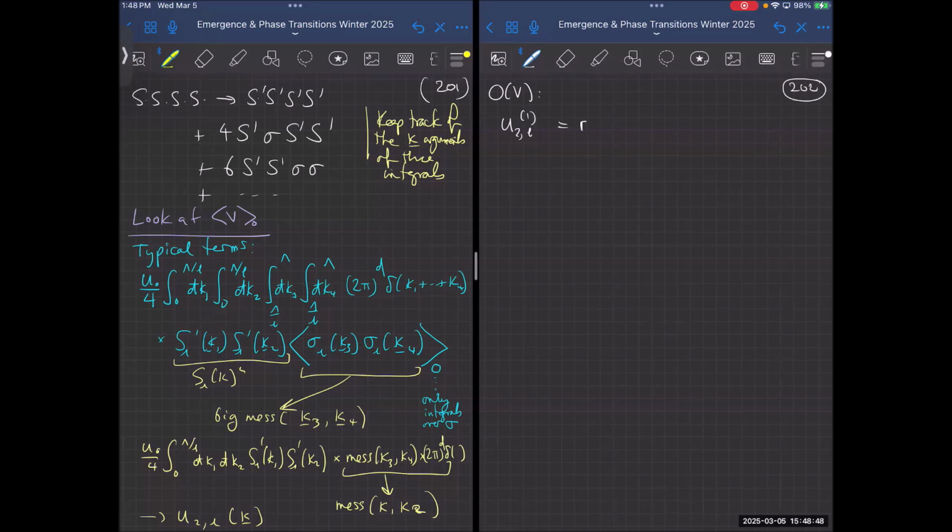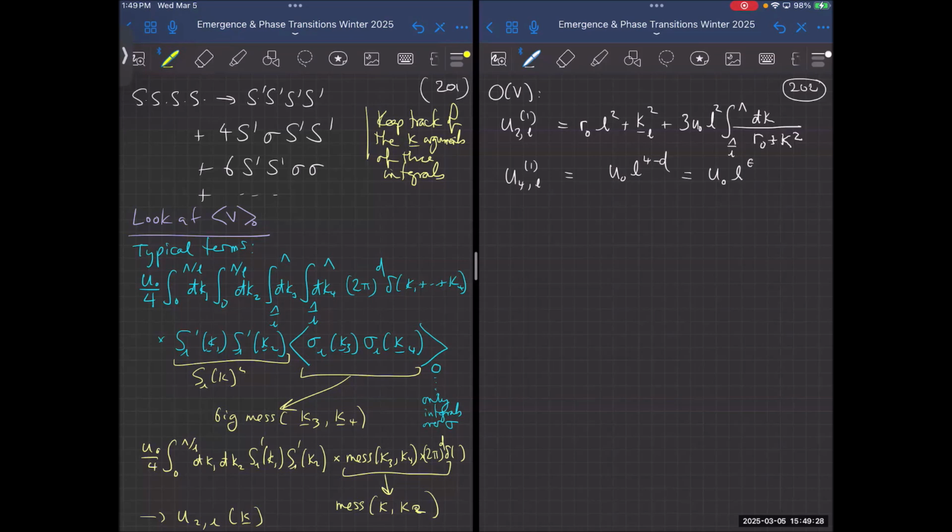It looks like this: R0 L squared plus KL squared plus 3U0 L squared, the integral from lambda over L to lambda d^dK over R0 plus K squared. And U4 of L to this order is just U0 L to the power 4 minus D, which is U0 times L to the power epsilon.